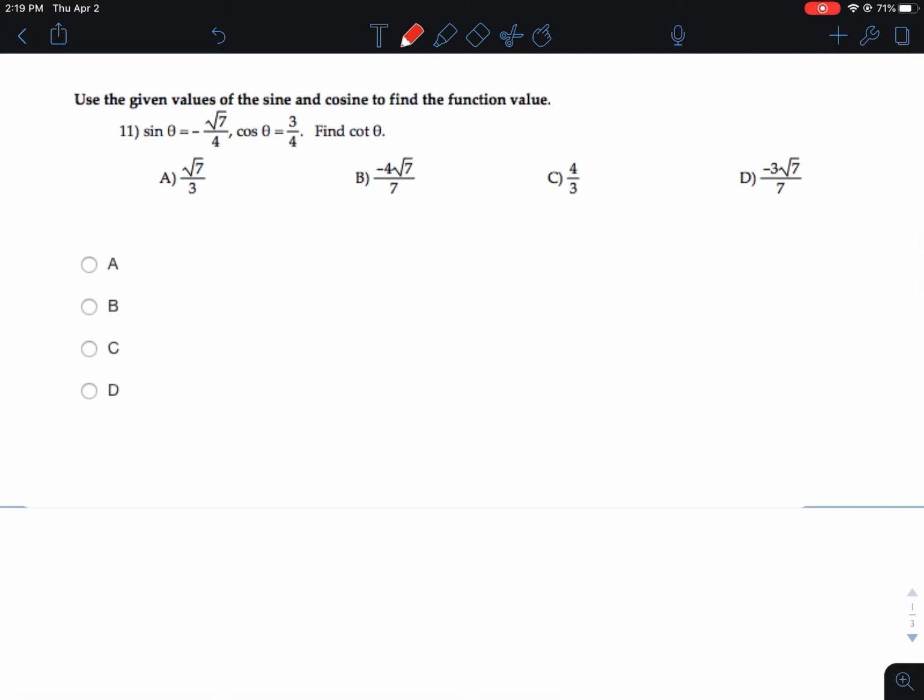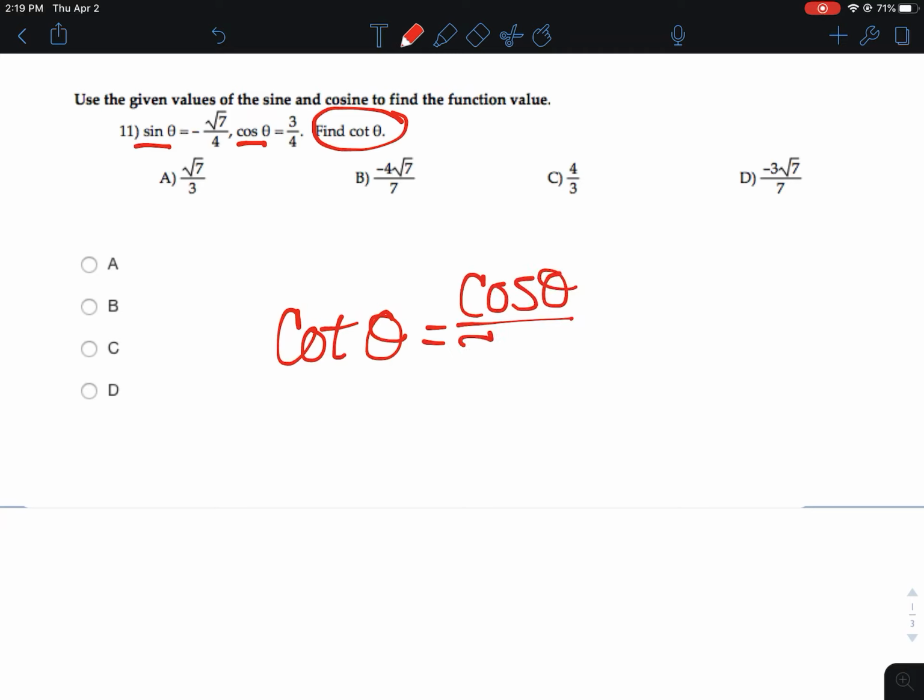All right. For this next one, you want to use all the trig identities on that trig reference sheet that you have. So really go back to that every time you get stuck. They've given us sine and they've given us cosine, and they want us to find cotangent. If you look at your trig identities there, cotangent is the cosine of theta over the sine of theta.